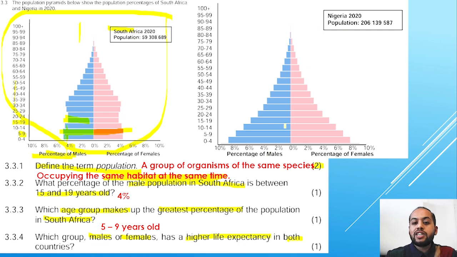If we go over to Nigeria, there aren't really a lot of bars here for the males as you go higher up. But for the females, there are. Therefore, the answer is going to be females. High life expectancy means that you are going to live to an older age, and therefore we selected the females because the bars continued until the top, whereas for males it started dying out.